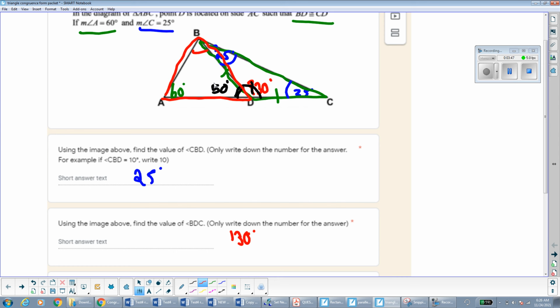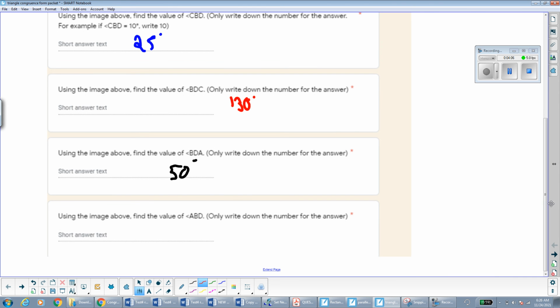So I can add those up and subtract them from 180 to find the third angle of the triangle. 60 plus 50 is 110. And if I subtract that from 180, I get 70 degrees. So I can put that for the final answer over here, 70 degrees.